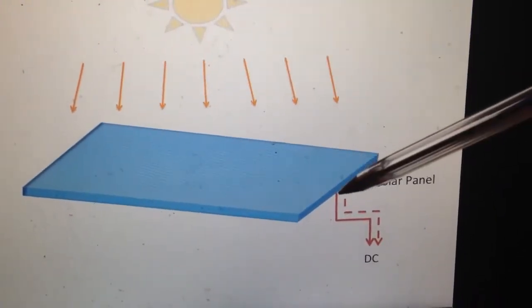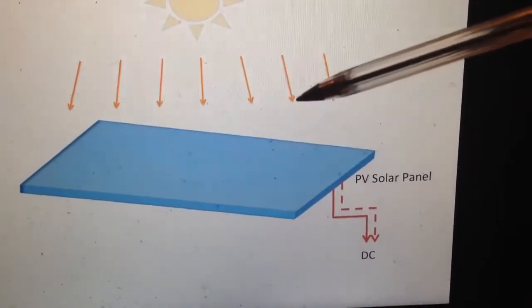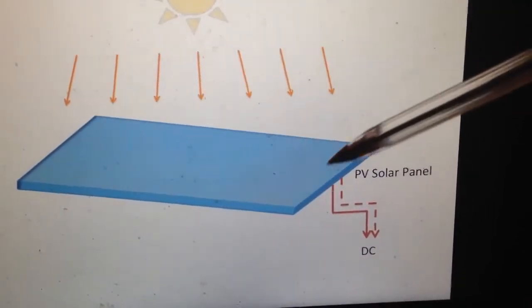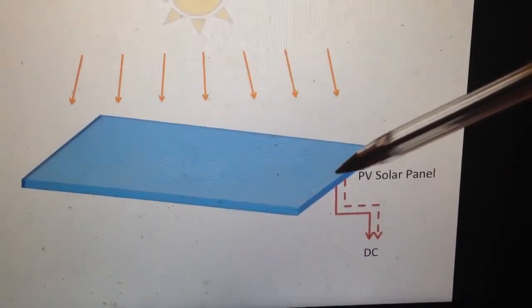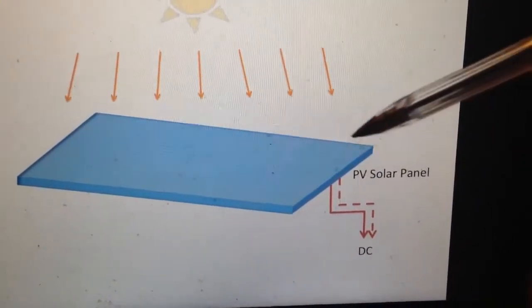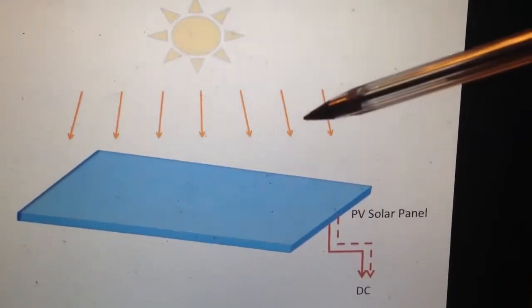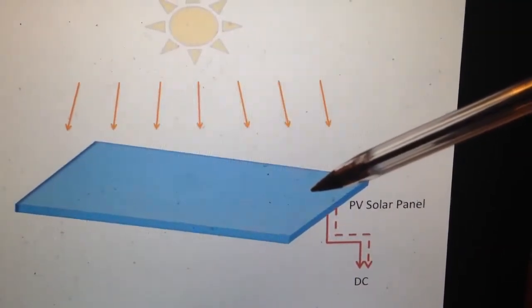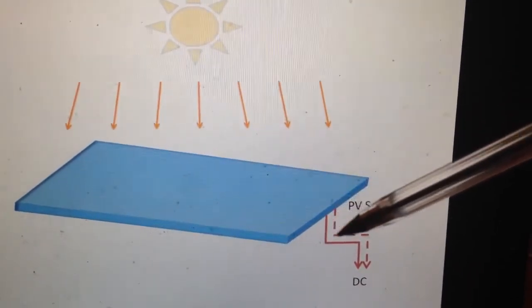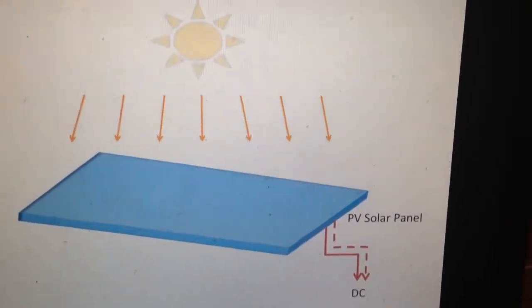So your solar panel produces DC electricity using the sun as fuel. This is a generator. Not a petrol generator, not a gas propane generator, not a diesel generator. This is a solar generator producing direct current directly off the sun rays.